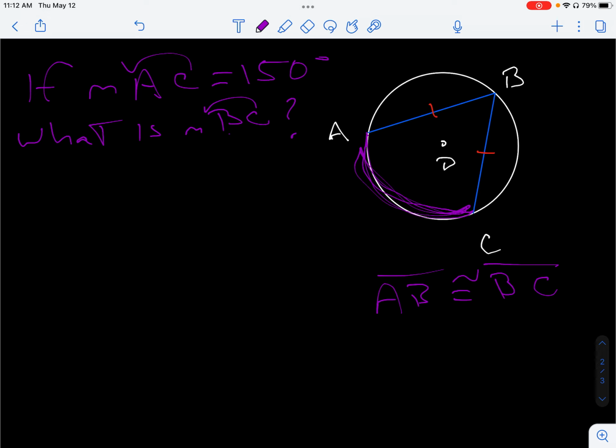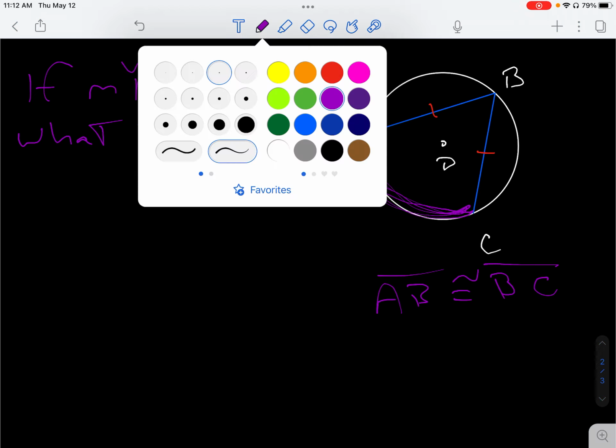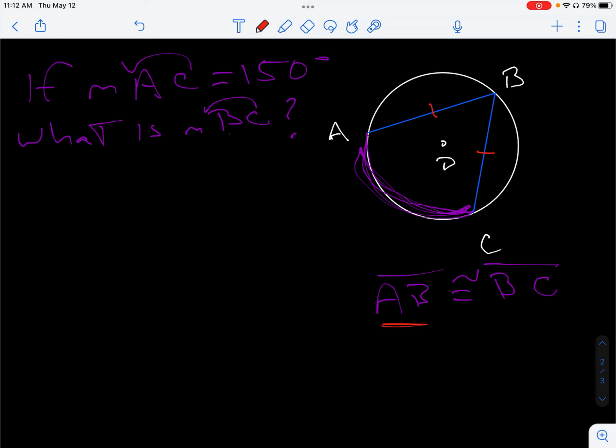And because AB is congruent to chord BC, then arc AB is congruent to arc BC. And we know this is 150.